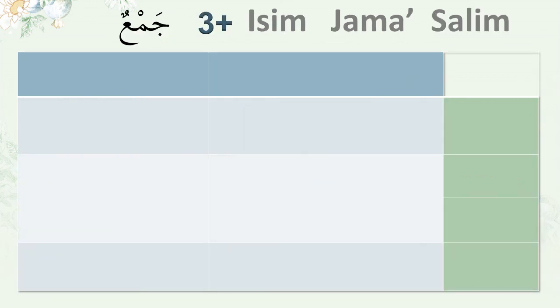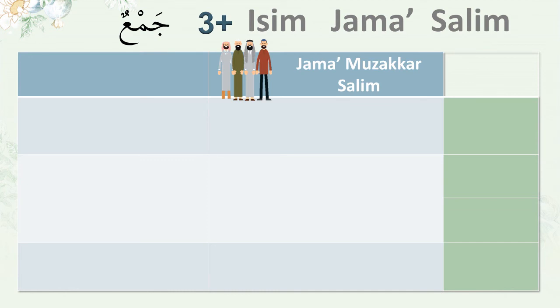Now we come to the sound plurals or jamak muzakkar and muannas salim. In previous lessons, we learned that jamak muzakkar salim are plural isim used to describe human or human traits, and these isim end with una or ina.